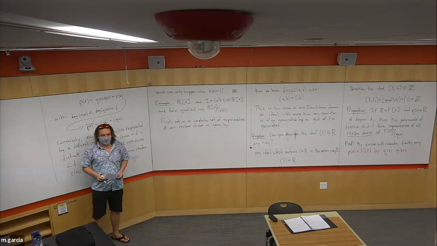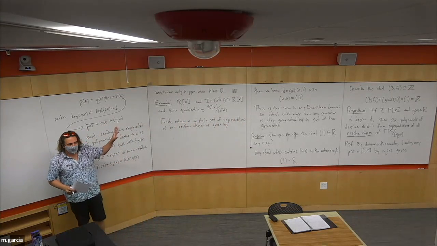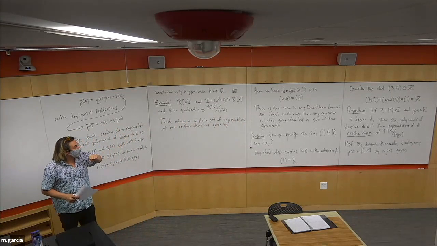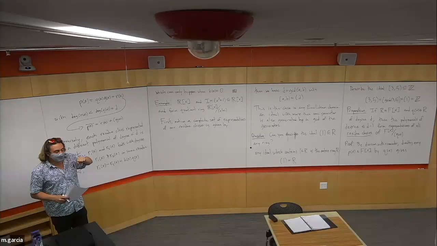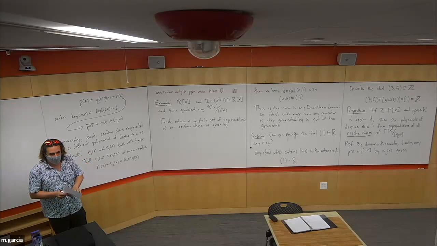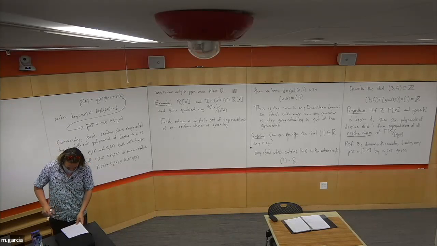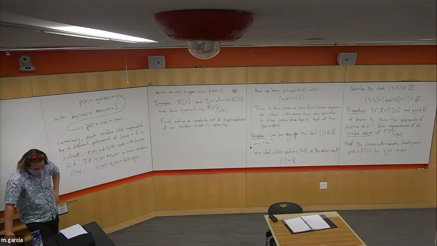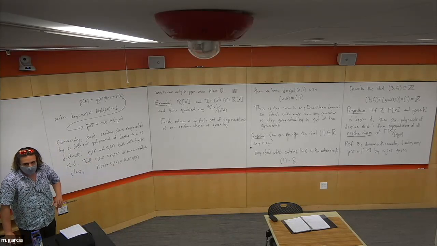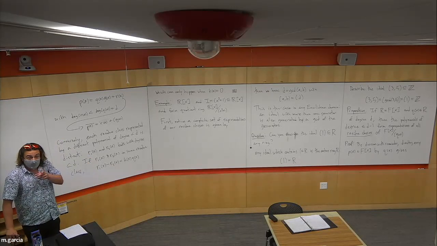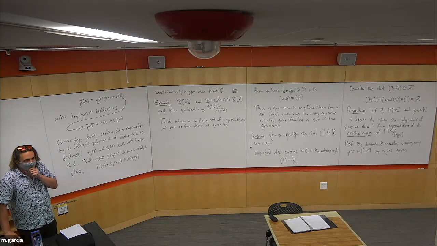What are the polynomials that represent all the residue classes in R adjoin x mod the ideal generated by x squared plus 1?